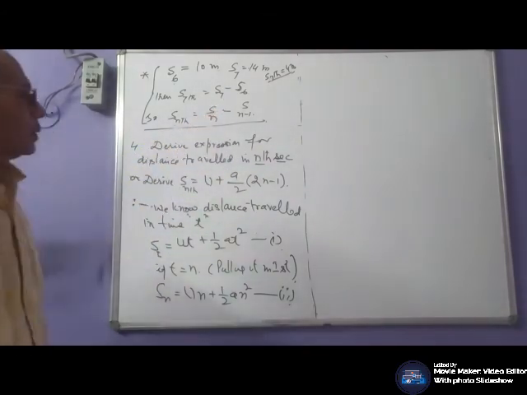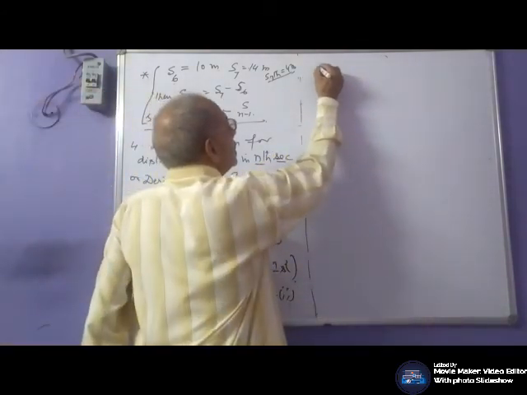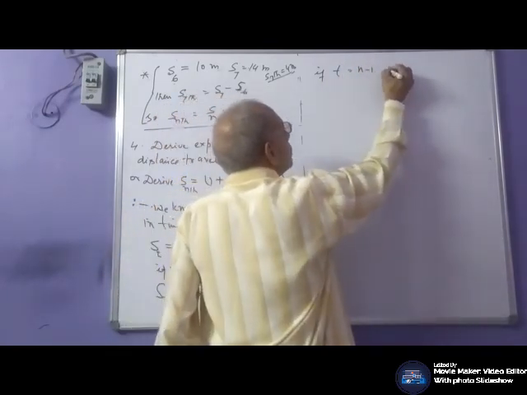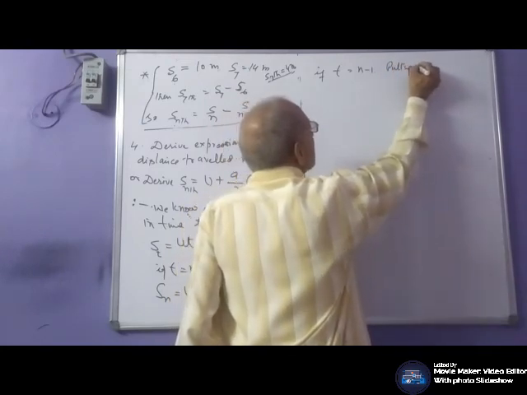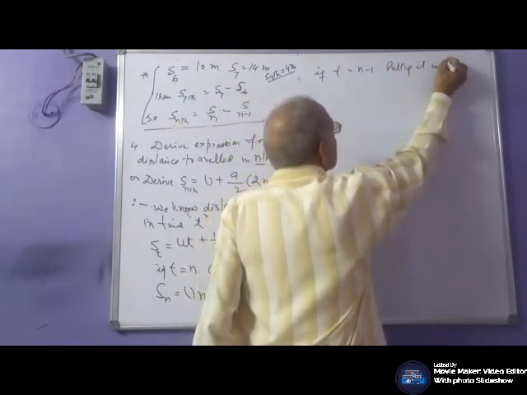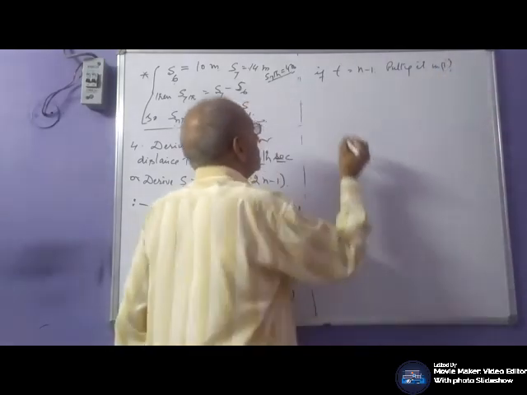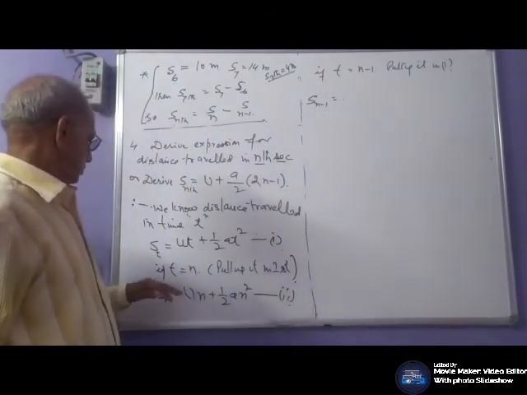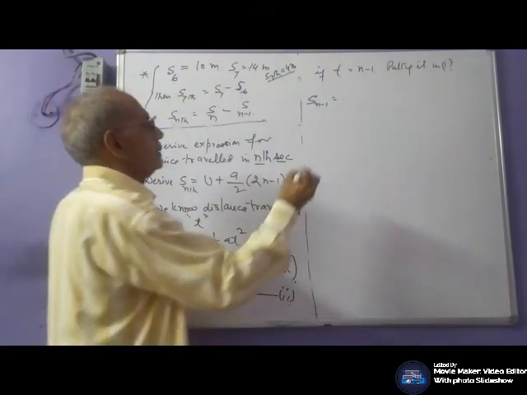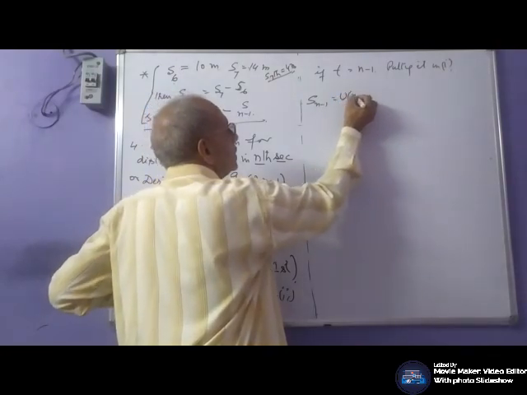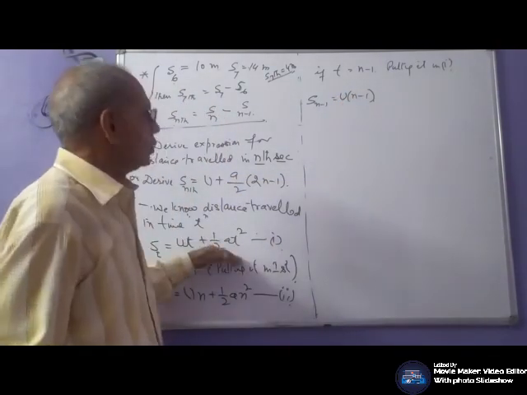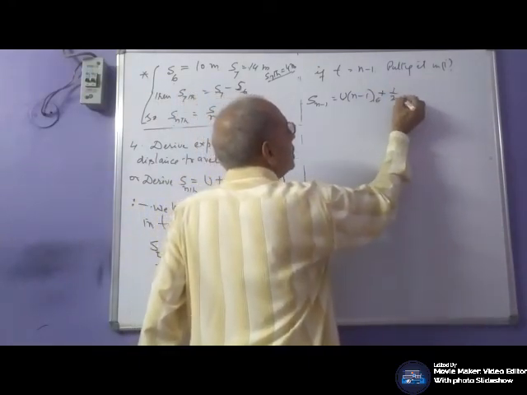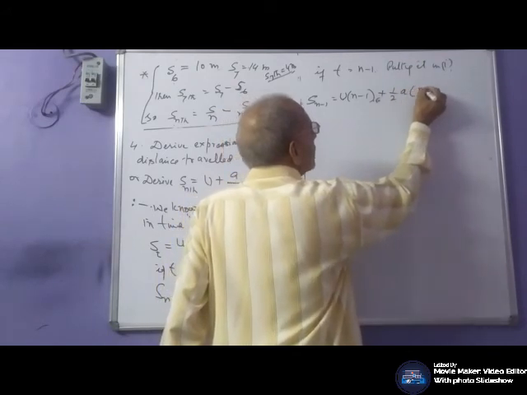अगर if t is n minus 1, putting it in first, S n minus 1 equals u into n minus 1 plus half a into n minus 1 whole square.